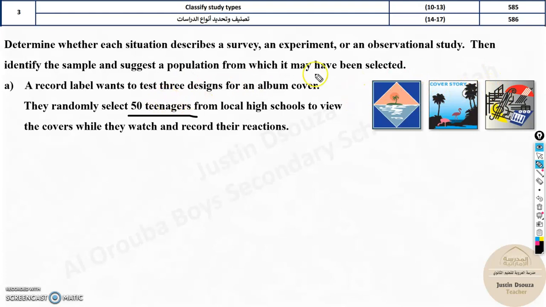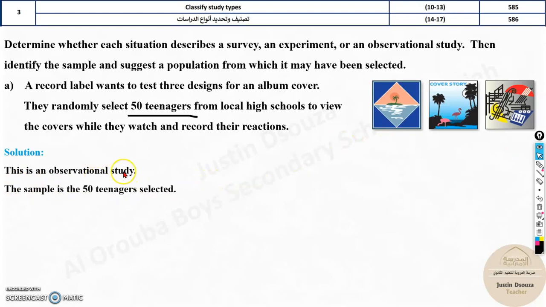They want to observe their reaction. Now what is this? It is not a survey, not an experiment. They want to just observe and record their reaction. That's it, looking and watching, observing. So this is an observational study.